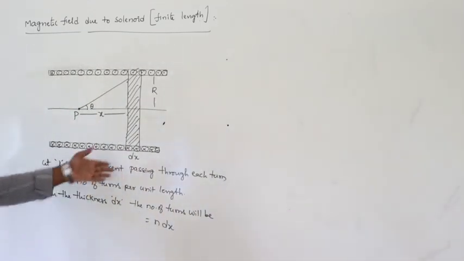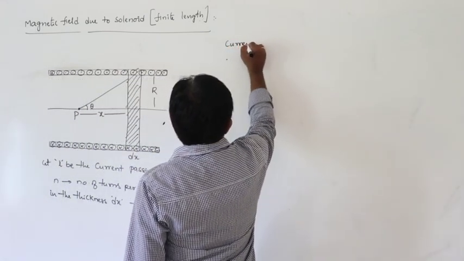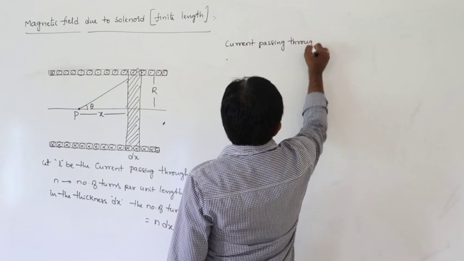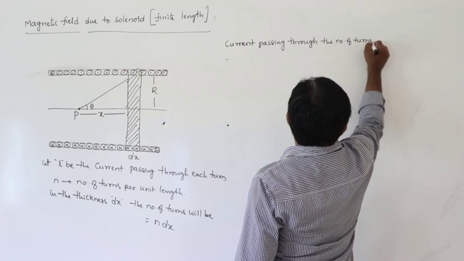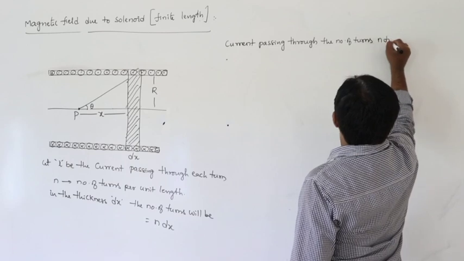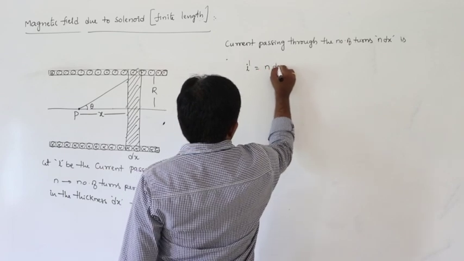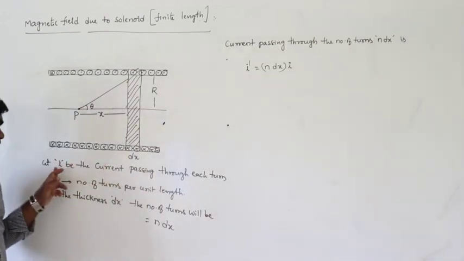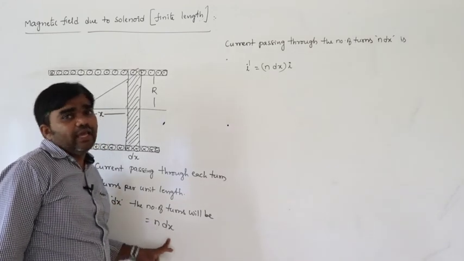Then what is the current passing through this number of turns? The current passing through each turn is I, but how many turns do we have here? n into dx.